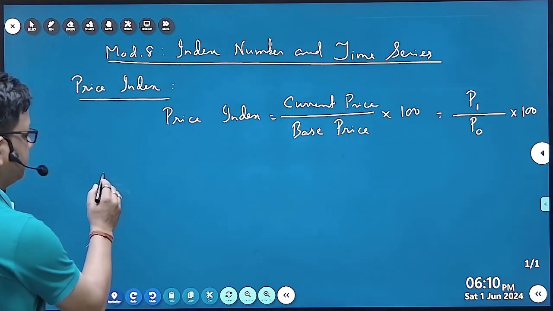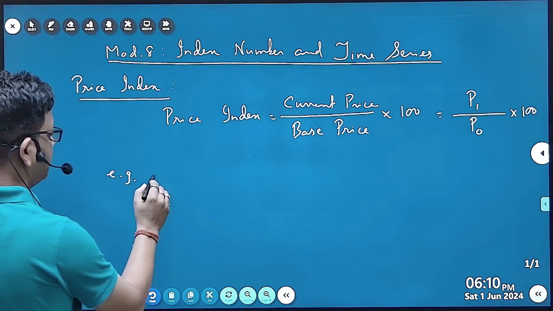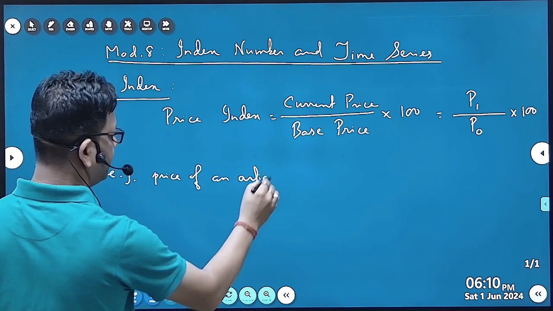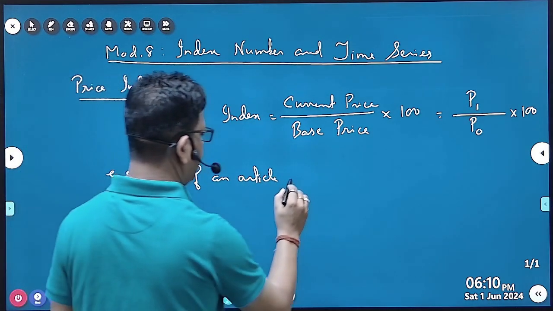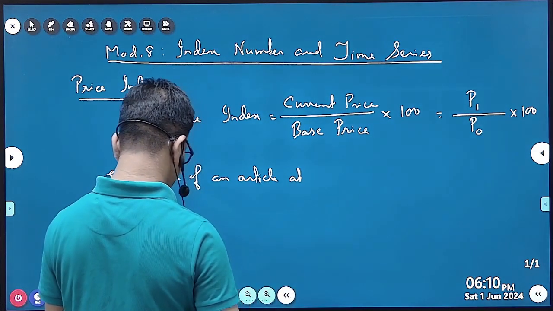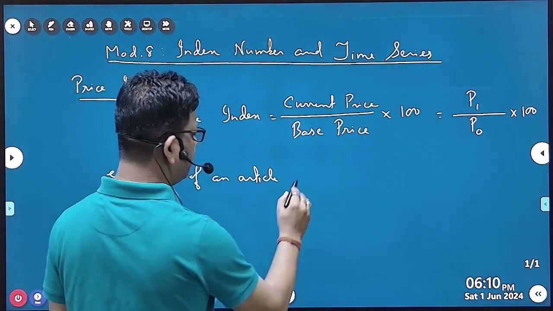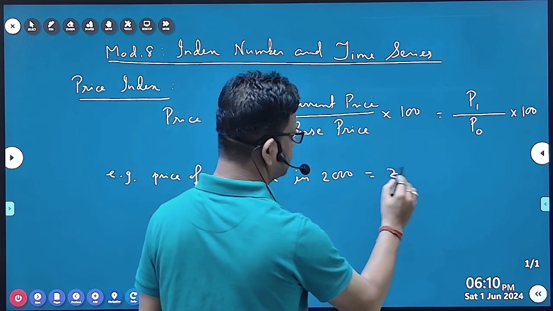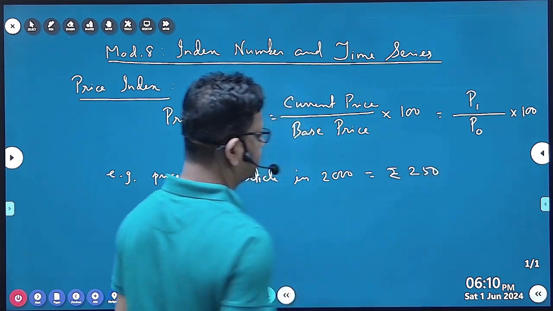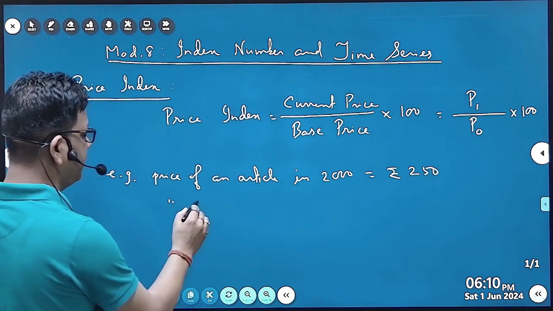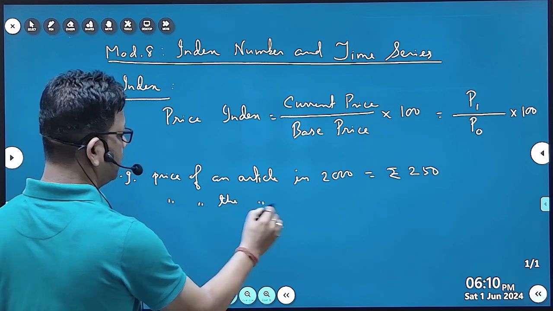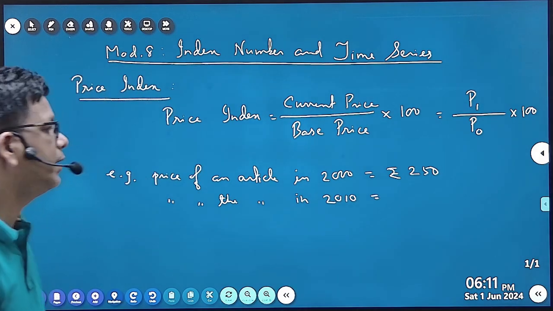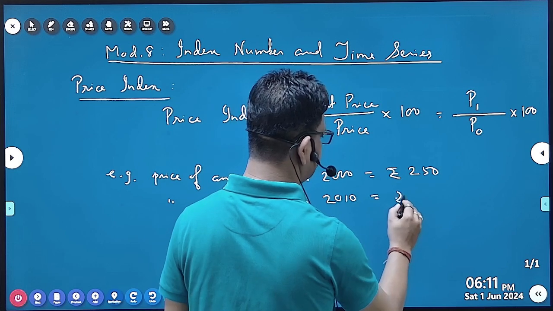As an example, suppose the price of an article, any item, was in a particular year, suppose in 2000, 250 rupees. Now the price of the same article in 2010, suppose it becomes 500.